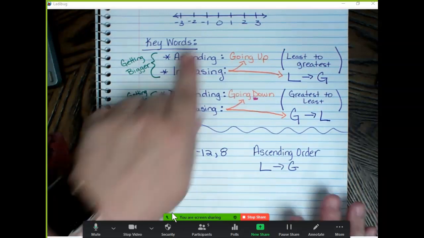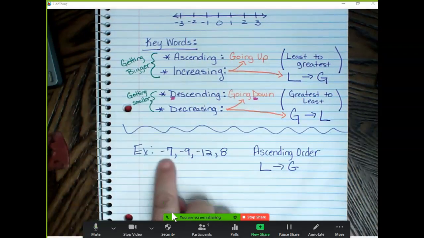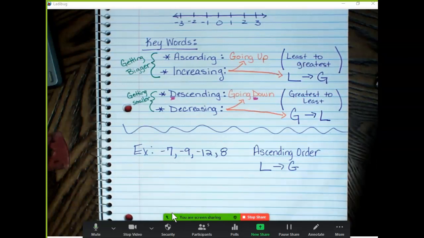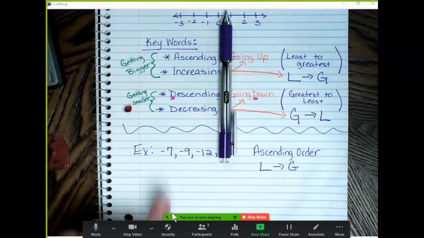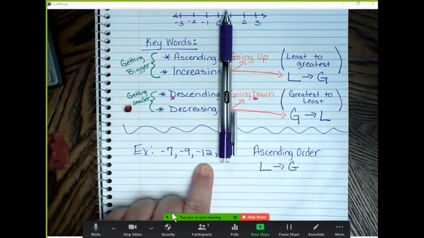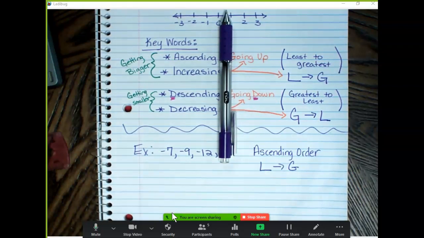Yes, because if we remember our number line, negatives are to the left. So I can look at all of my negative numbers, and I can kind of ignore the 8 for right now. I just need to look at my negative numbers, because I know they're going to be smaller. Now I have to figure out which negative number has the smallest value.